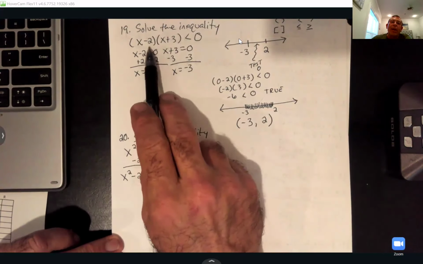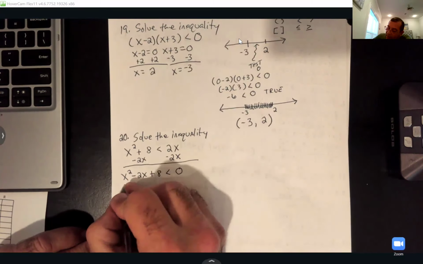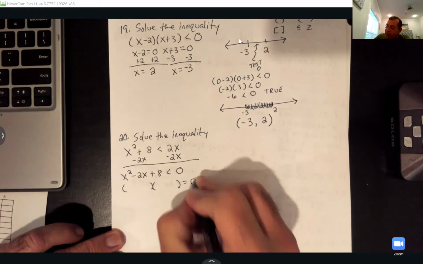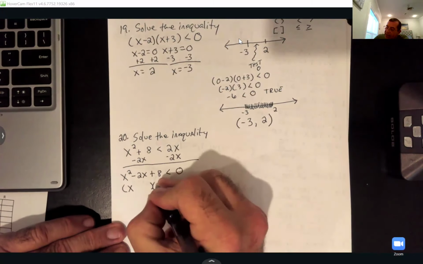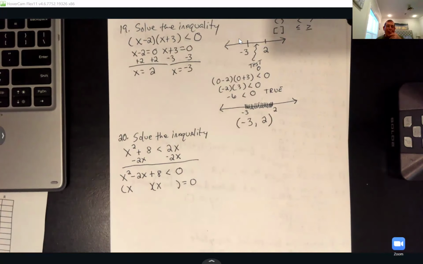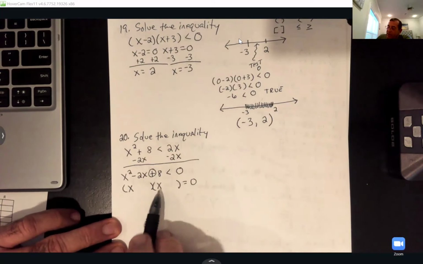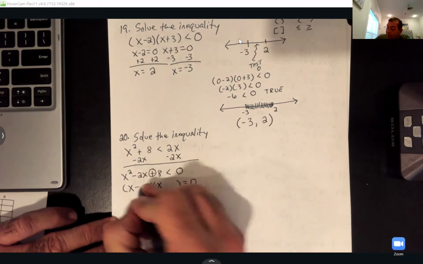Now, this one they already factored, so we have to try to factor this one now. When I factor it, I'm actually going to set it equal to 0 to get all my answers, okay? So here's the x and an x. This one's positive, so both factors will be negative like the middle.